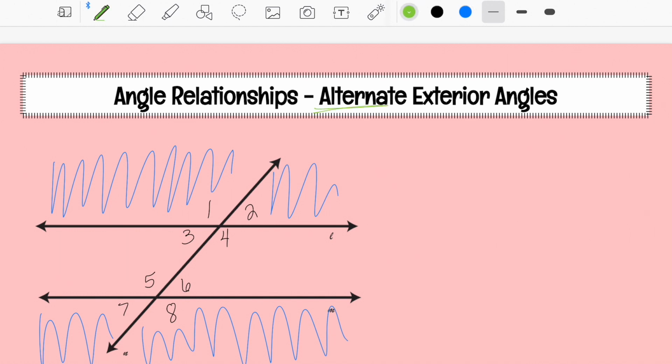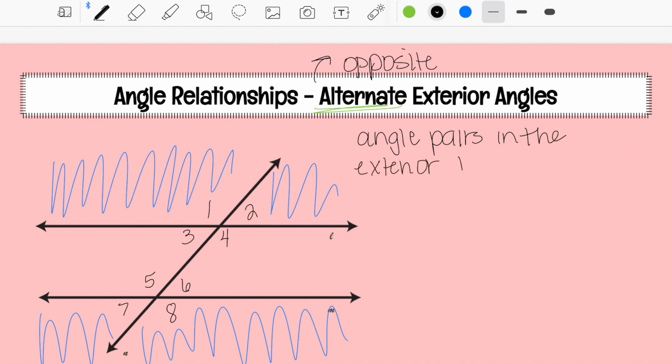And just like last time, alternate meant opposite. So these are angle pairs in the exterior and the outside that are on opposite sides of the transversal.